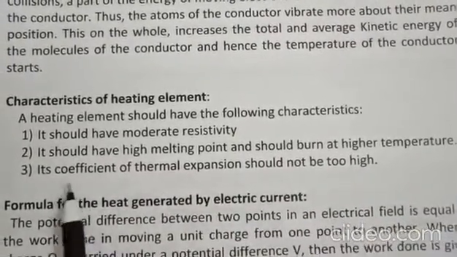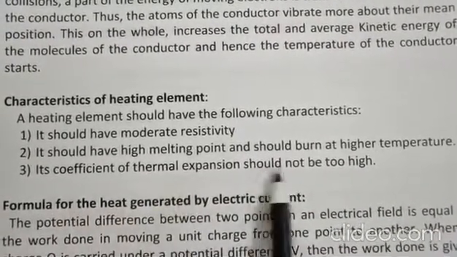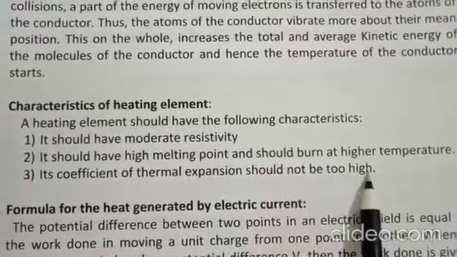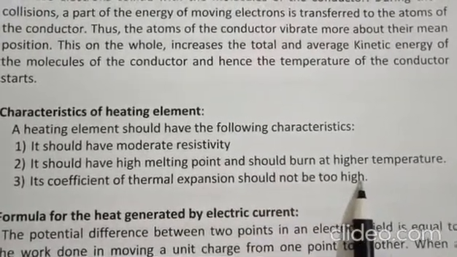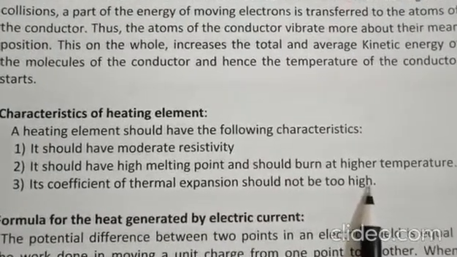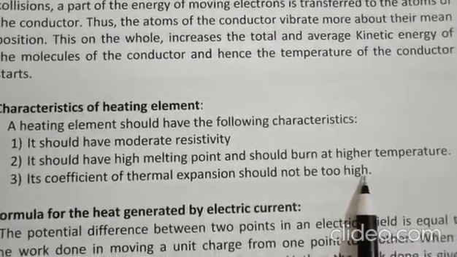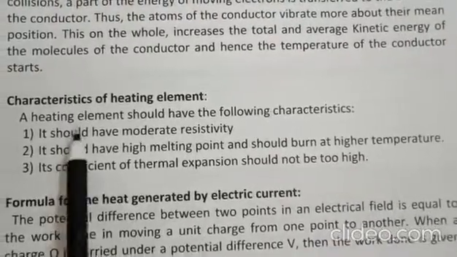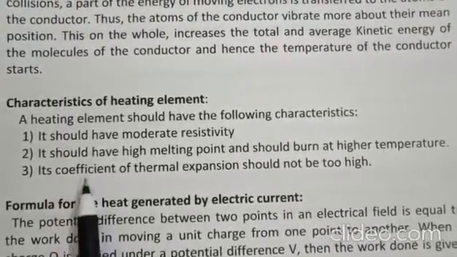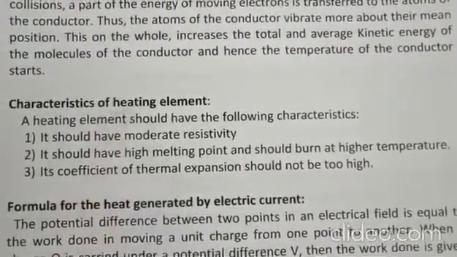The last point, its coefficient of thermal expansion should not be too high. It means that if there is a rise of temperature, there should not be a greater change of dimension in the object. So these are the three points which are required for the heating element.